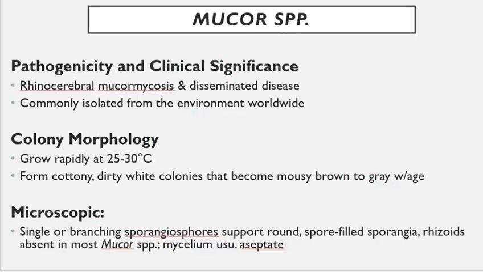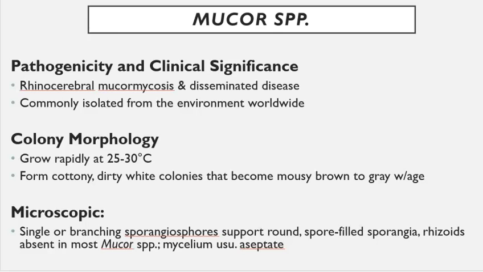The next species of aseptate opportunistic fungi is Mucor. This is clinically significant because it causes rhinocerebral mucormycosis and disseminated disease. Mucor is commonly isolated in the environment worldwide. It's a rapidly growing fungus at 25 to 30 degrees Celsius.